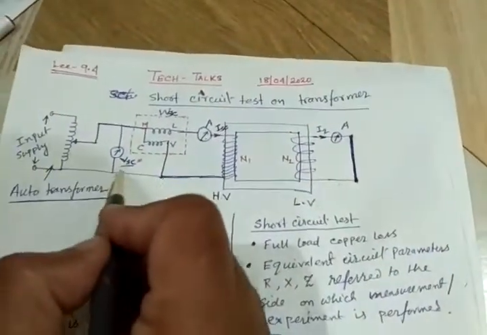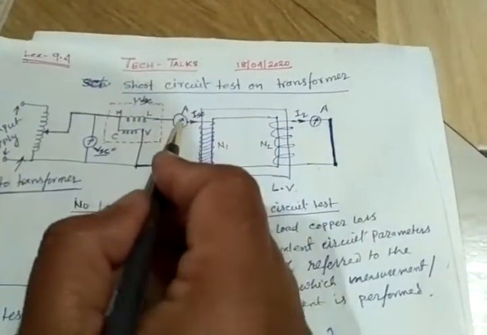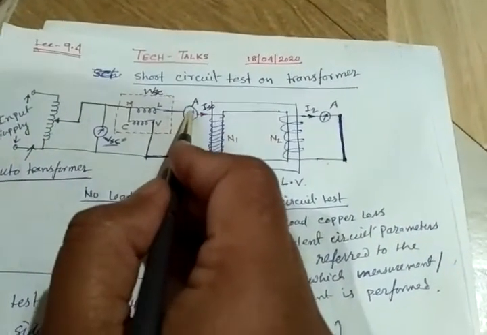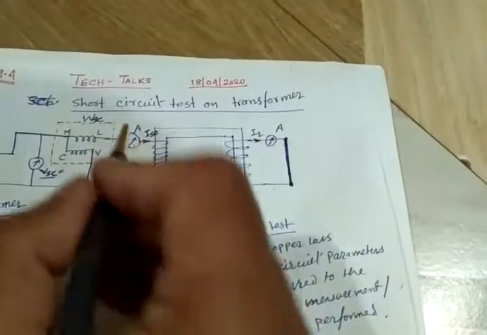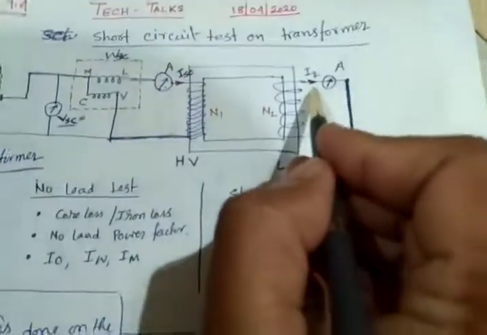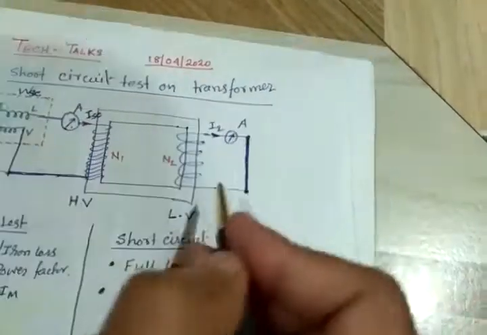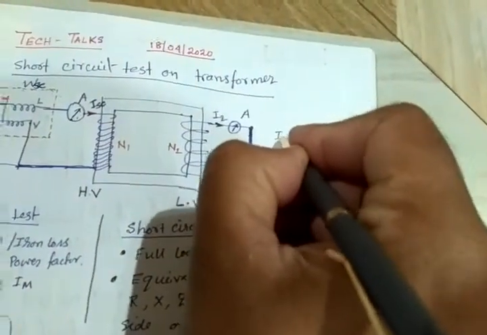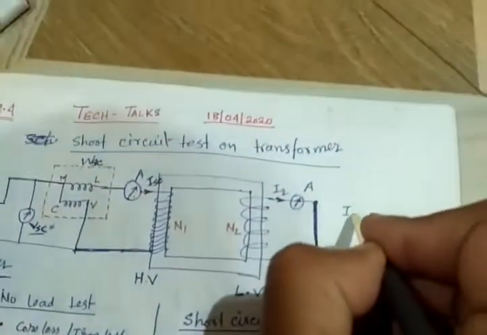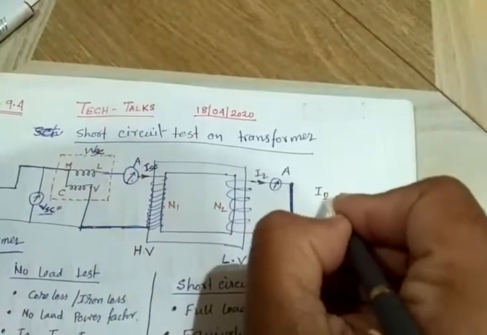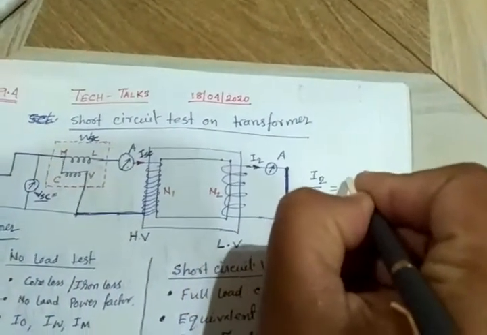That is why with very less voltage we will get the required rated primary current. Then the current in the secondary will also be the rated current. Why? Because this turn ratio, we already know that I2 by I1 is basically N1 by N2.